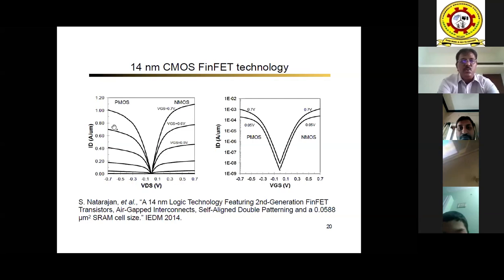One end is the PMOS, another end is the NMOS. If you don't want to visualize PMOS, we can focus only on the right hand side of the graph. Same is the case here, VGS with respect to the drain current for NMOS as well as PMOS. So these are the conventional benchmark results if you are working on FinFET.